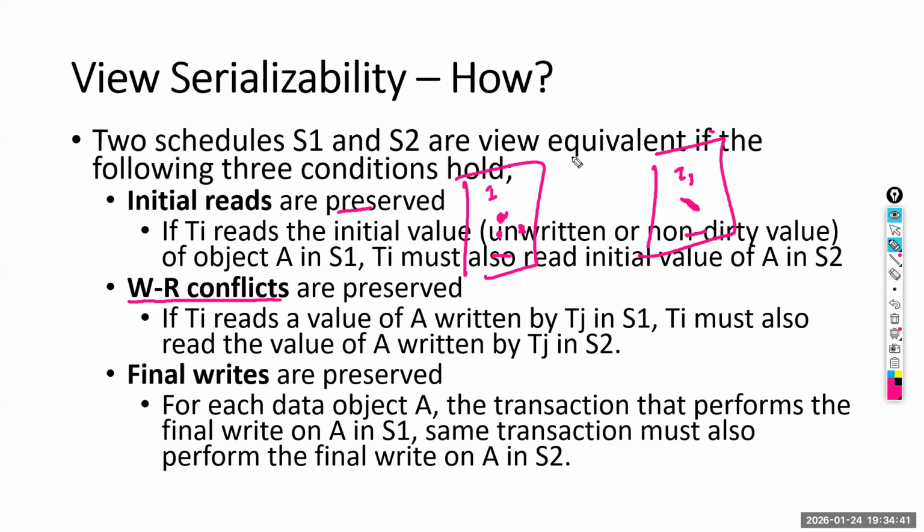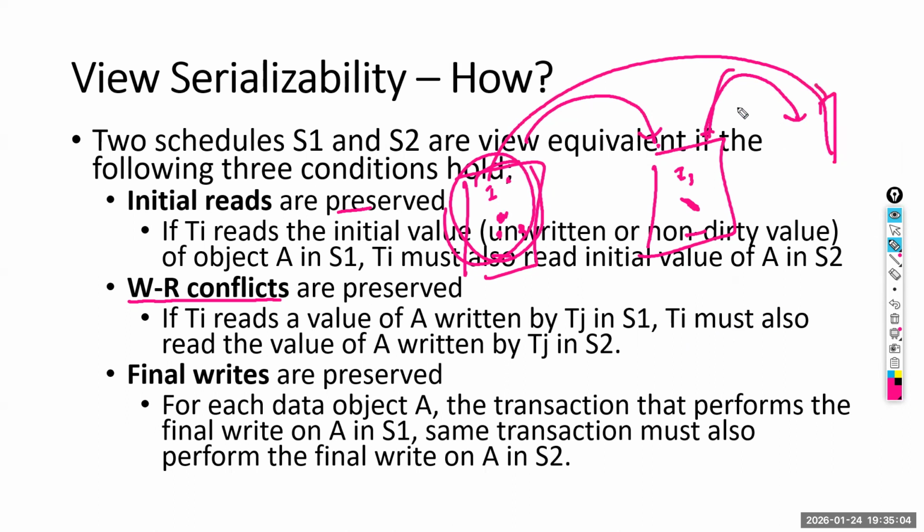If these three conditions are satisfied, this is view equivalent to this one. And if this is conflict serializable, then this is also serializable, because this is view equivalent to this, and this is conflict equivalent to a serial schedule.